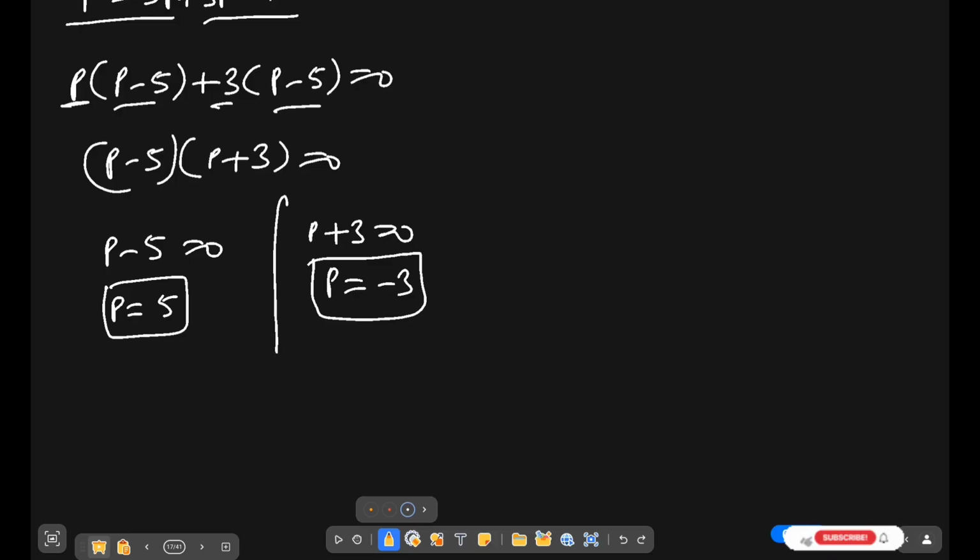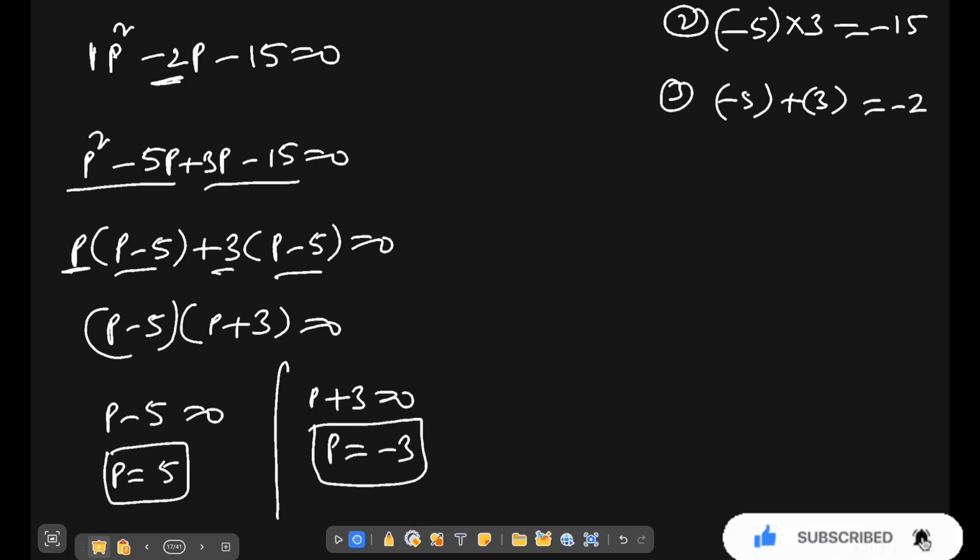So we have to find the zeros of the polynomial when you substitute these p values. So what is the given equation? Let's write.